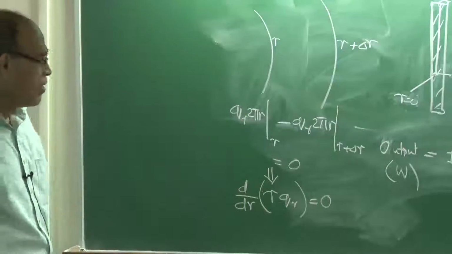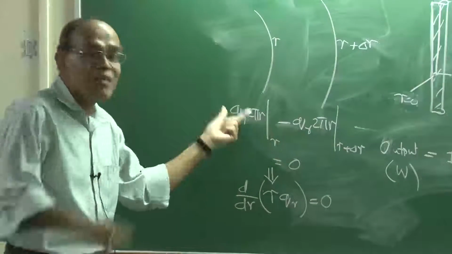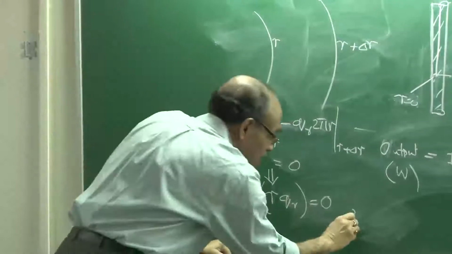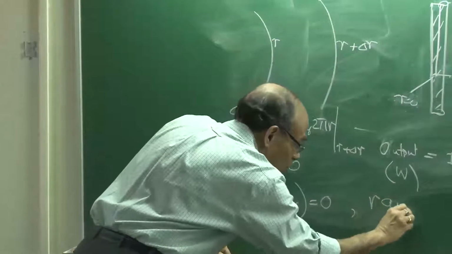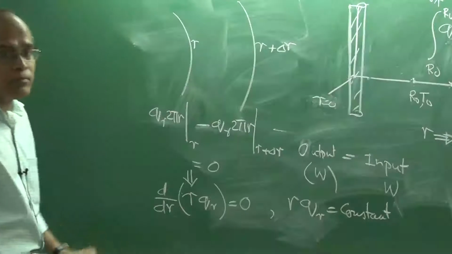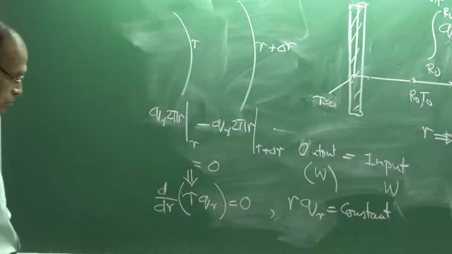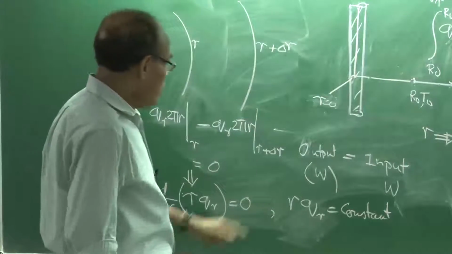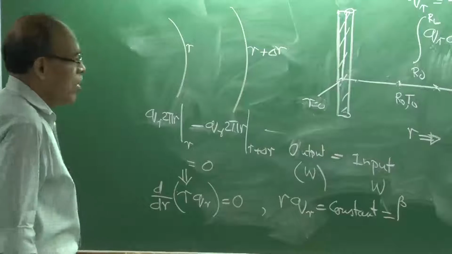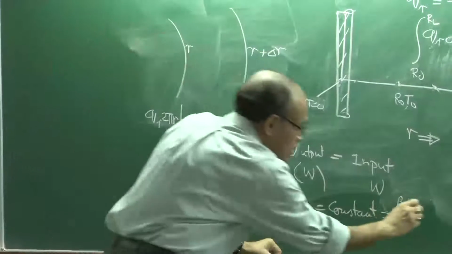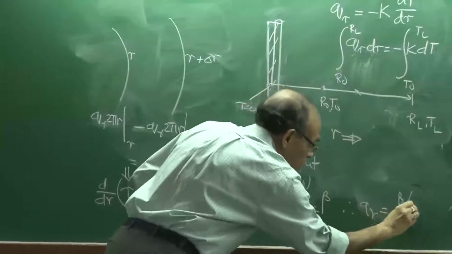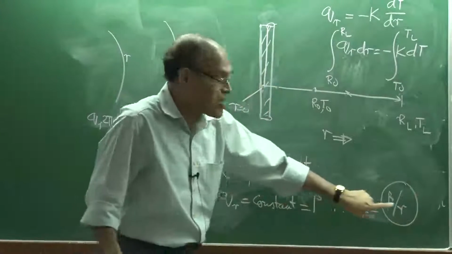If you simplify, this term is going to be equal to this term plus some derivative term, which essentially tells us the same thing, that r into q_r is equal to constant. Let us say that this is equal to beta. Therefore, q_r is equal to beta by r. Now I have obtained q_r as a function of r.